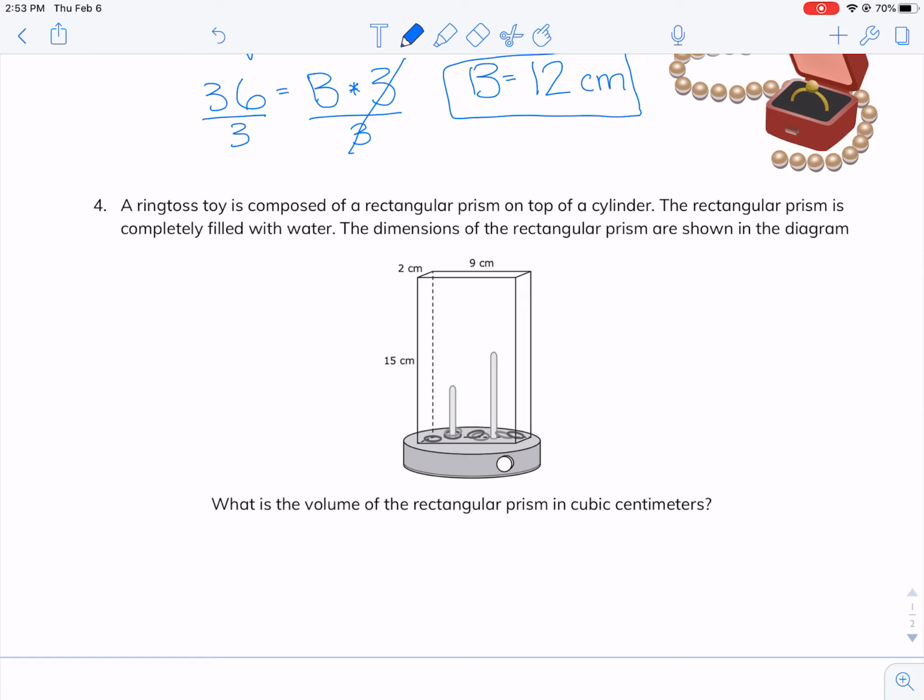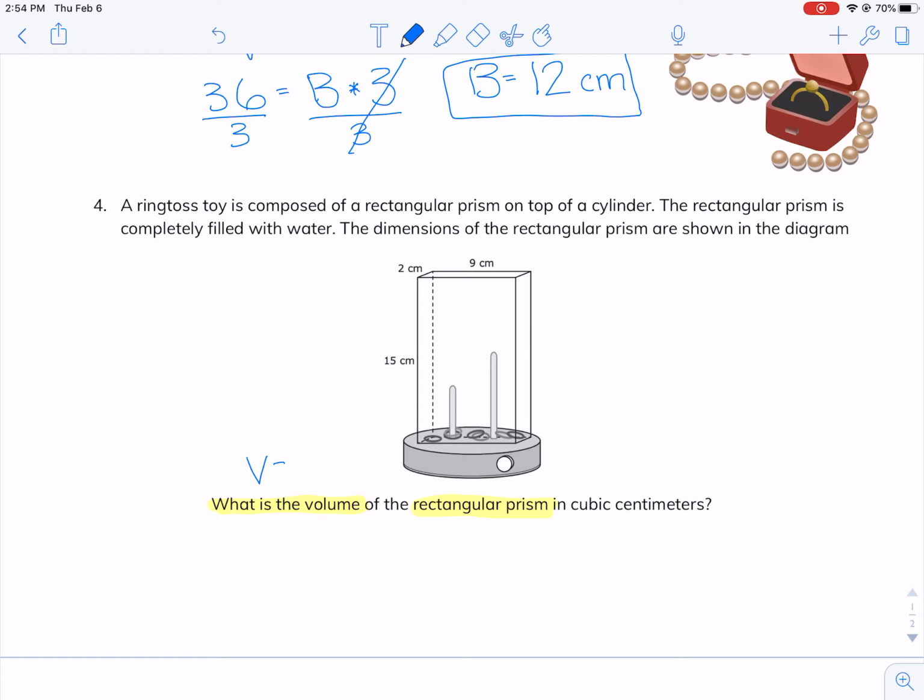Number 4, a ring toss toy is composed of a rectangular prism on top of a cylinder. The rectangular prism is completely filled with water. The dimensions of the rectangular prism are shown in the diagram. What is the volume of the rectangular prism in cubic centimeters? If you look at the question, it's asking what is the volume of the rectangular prism.